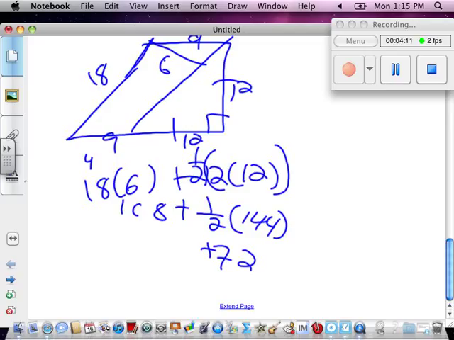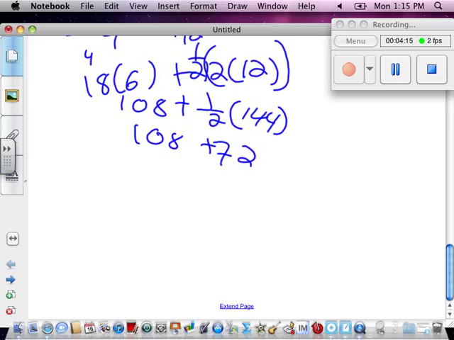So we get 108. So we have to add 108 to 72. And what do we get? 8 plus 2 is 10. 180. And we'll just call this units. And what do we do with area? Did I make a mistake in this?